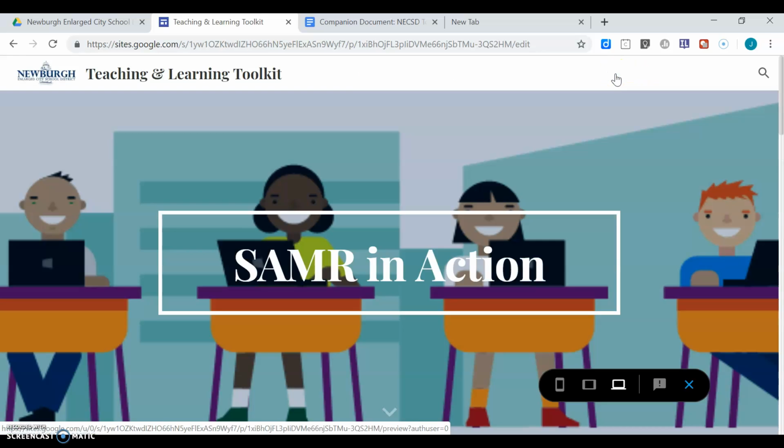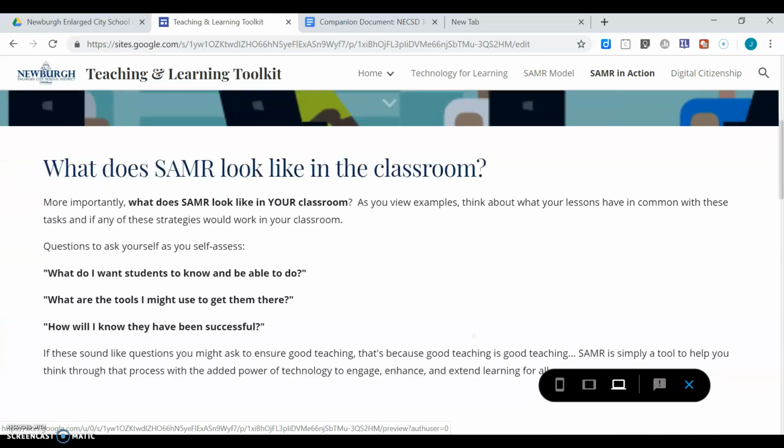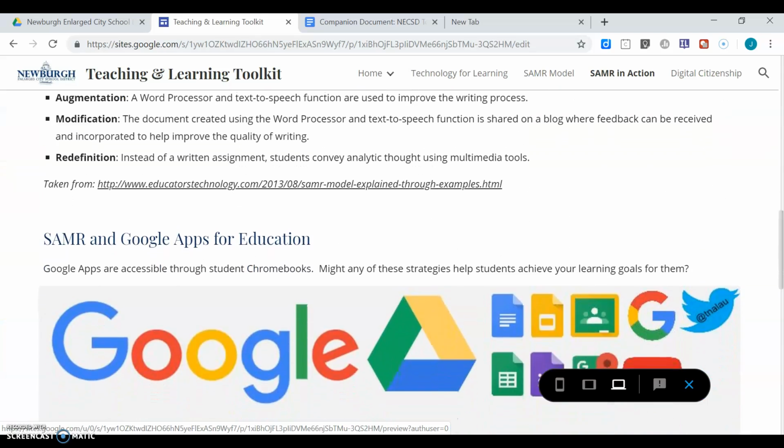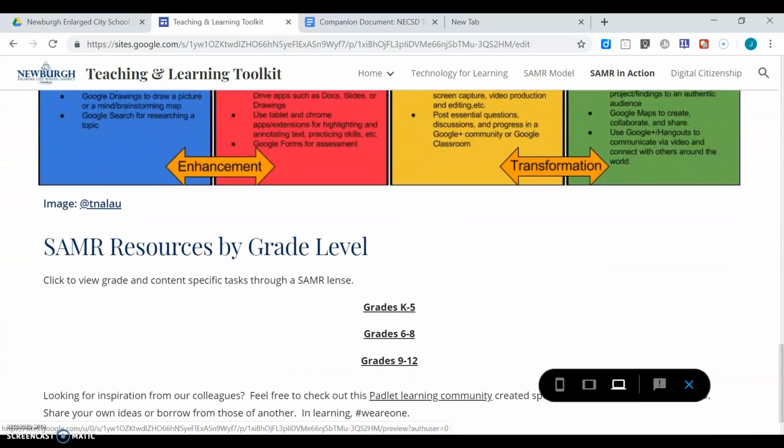And then Xamarin in Action is really the heart of this toolkit, and that's what it's going to look like in the classroom for teachers. Wheatley's done a great job of finding specific examples and then breaking them down by grade level, so teachers can access really explicit examples of how Xamarin is being used in the classroom by grade level.